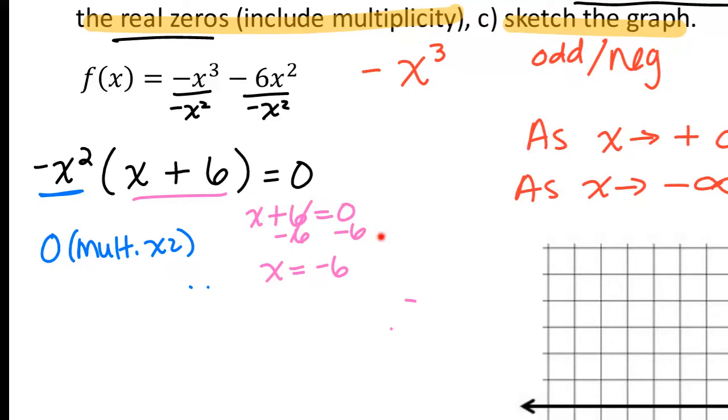You don't even have to show me that. You can go straight to seeing x plus 6. This is going to just switch sign, basically. Because that's positive, it's going to become a negative 6 for the zero. So I don't even need to see that work. You can just tell me that those are my 2 zeros there, or 3 technically because of the multiplicity.